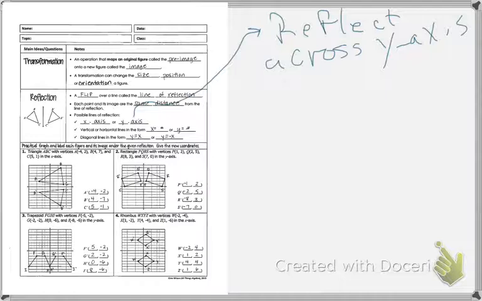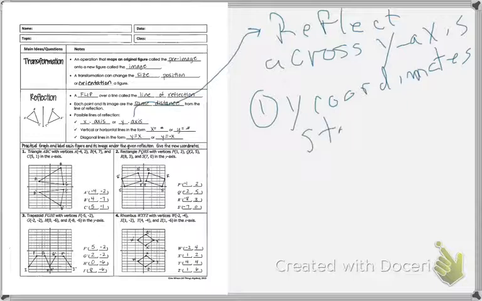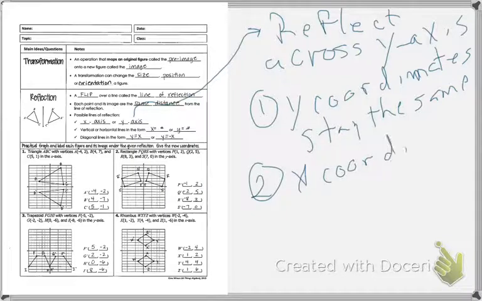The y-coordinates stay the same. Guess who changes? The x-coordinate becomes its opposite.